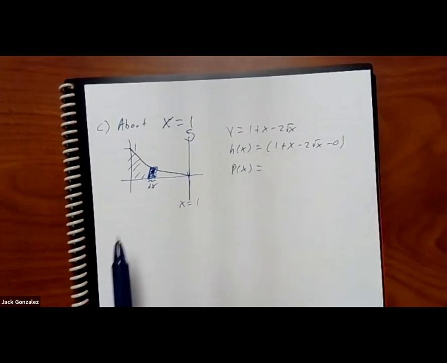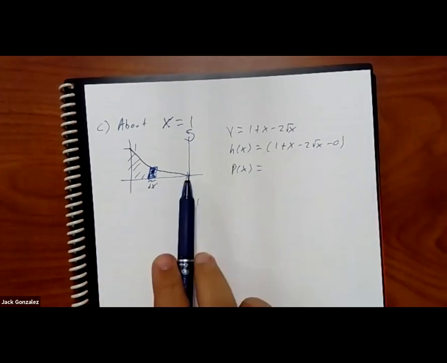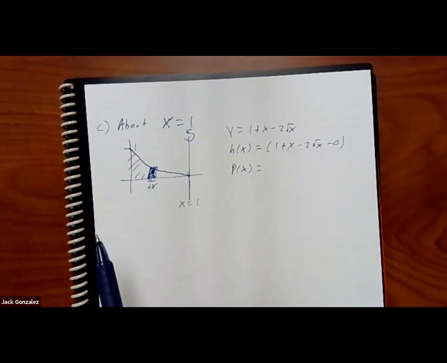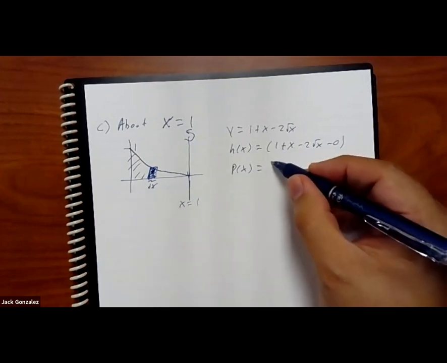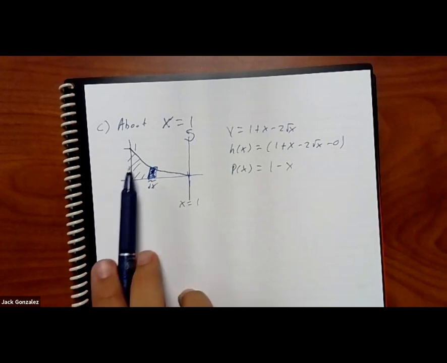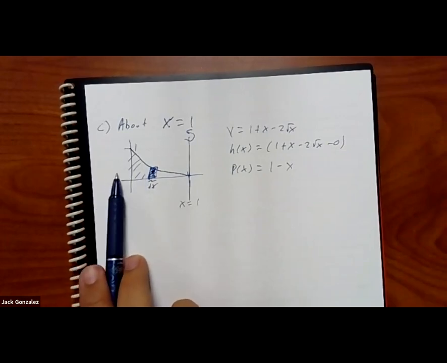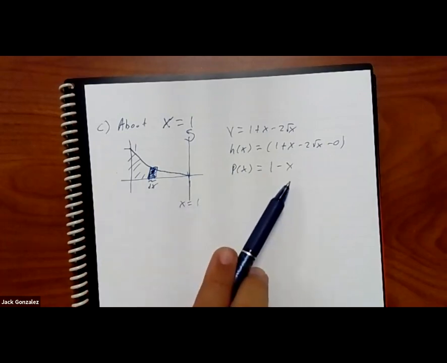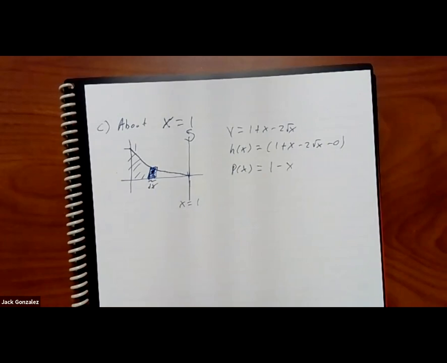Remember we said if it's to the left, it's going to be the axis minus the region, minus x, right? This will be 1 minus x. If the region was on this side and we're rotating on the 0, it would be 0 minus x, so it would still be a negative x. So it depends on where the rotation is happening.